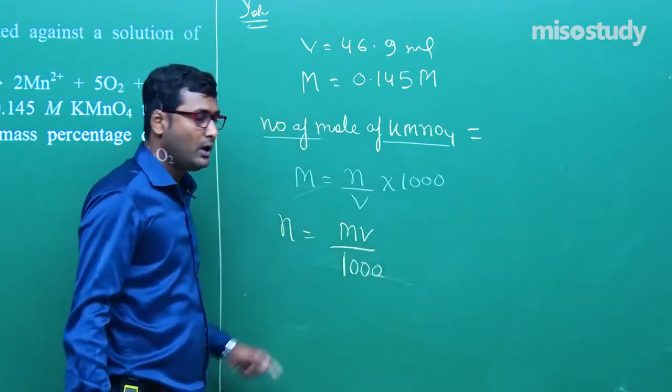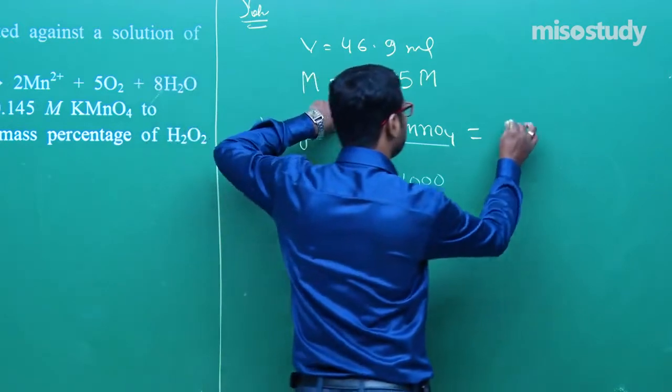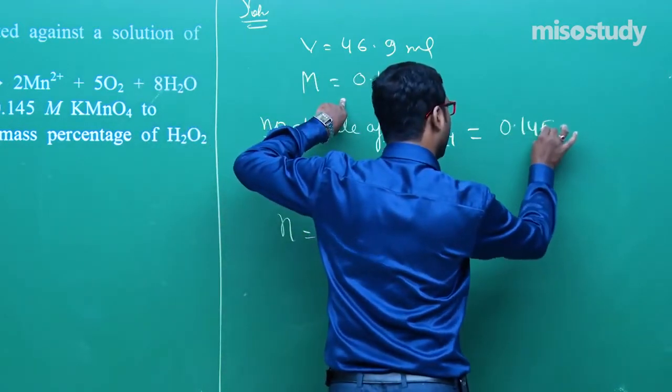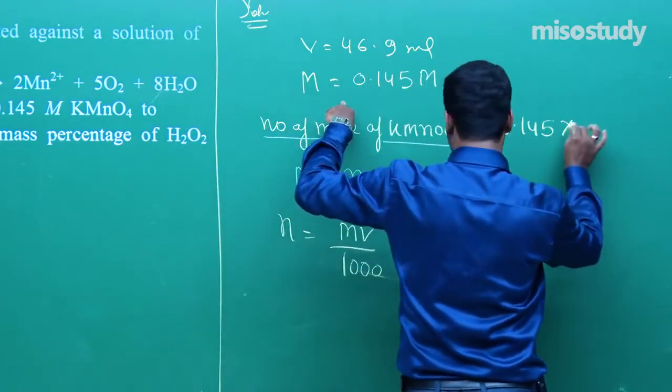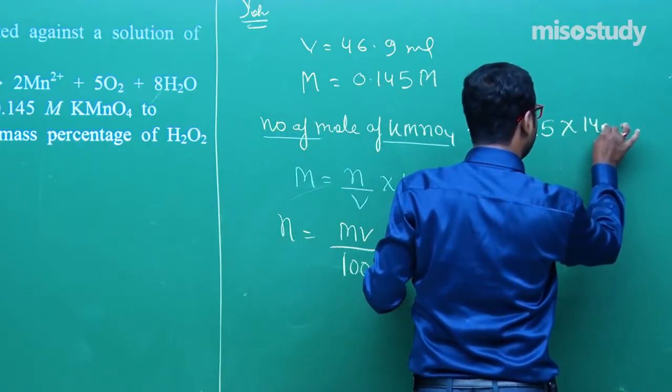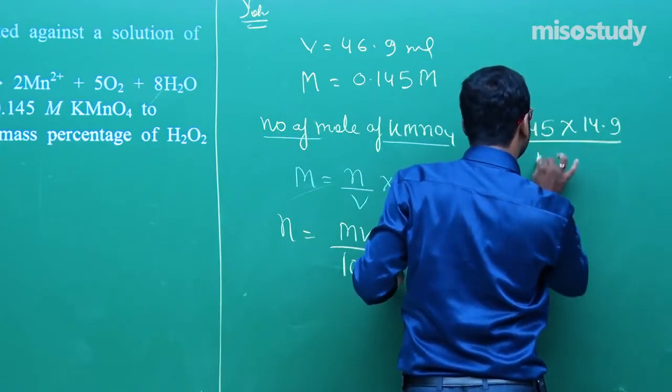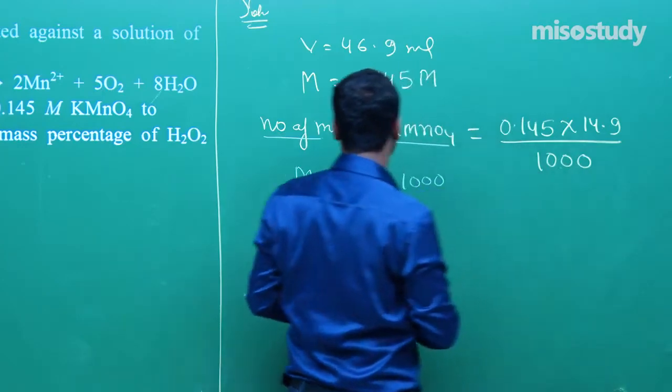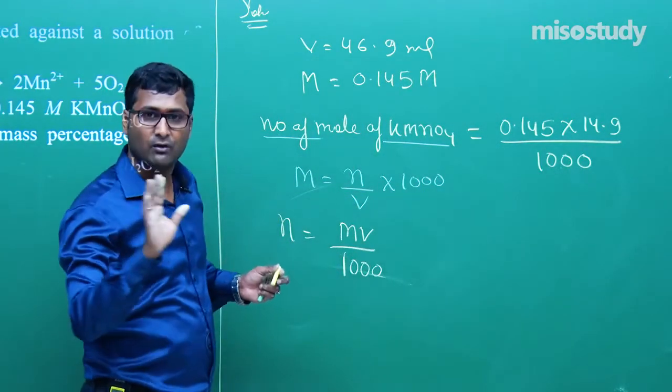Is it clear to you? Now put the value: number of moles is 0.145 multiplied by 14.9 divided by 1000. This is the number of moles of KMnO4.